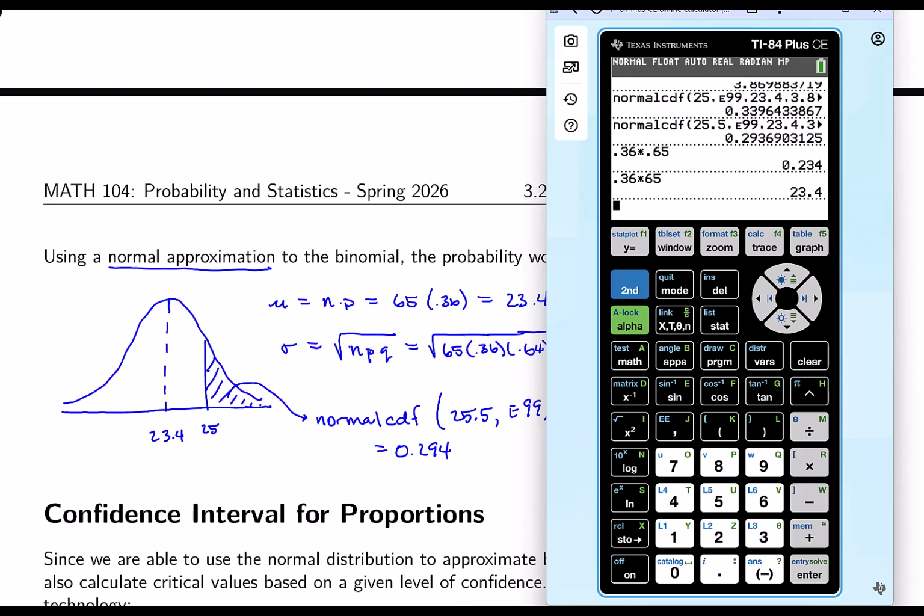Well, I guess we already did it with calculating the mean, but 23.4, that's much bigger than 5. So it's not even close. And then 0.64, which would be q times 65, is even larger because, well, 0.64 is larger than 0.36. So these are both clearly much bigger than 5, so it meets those criteria.